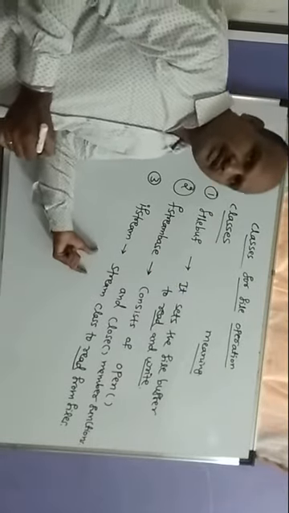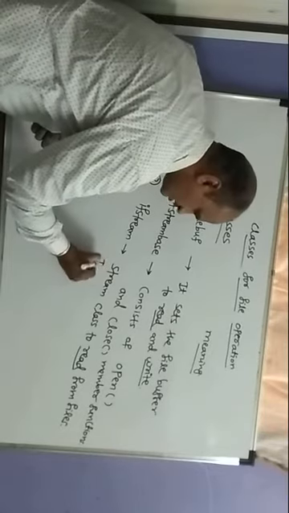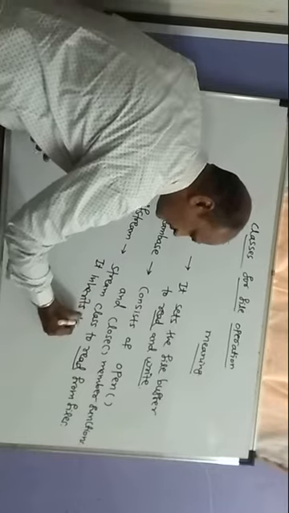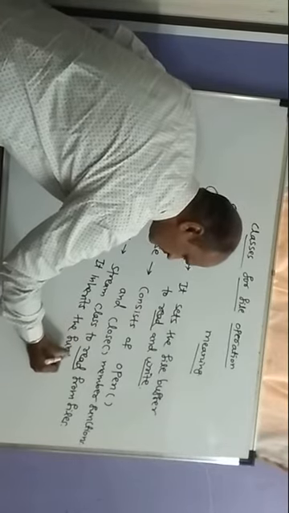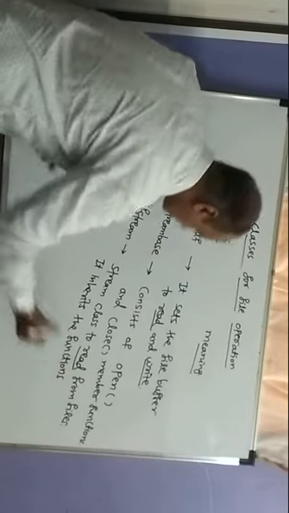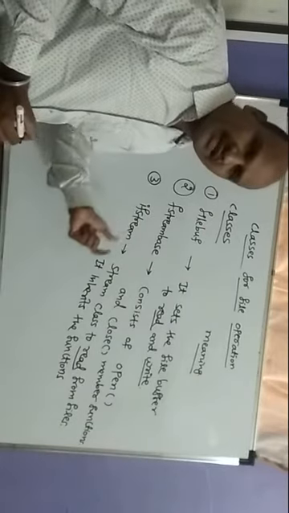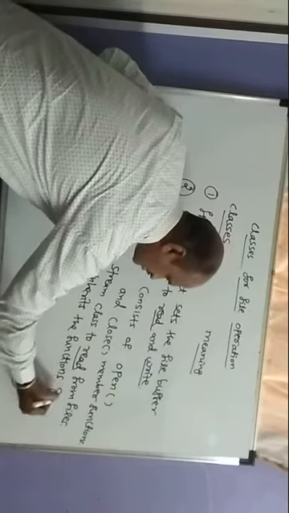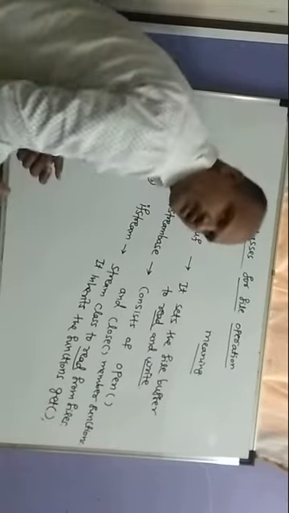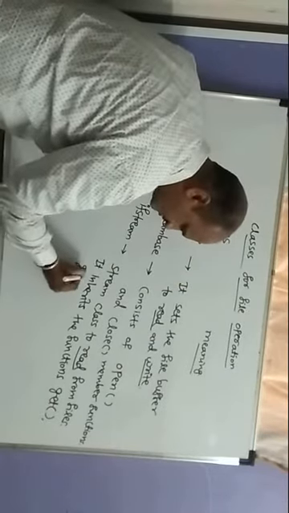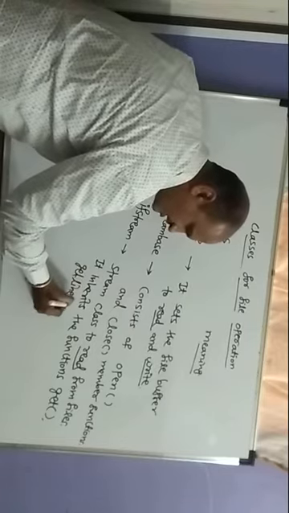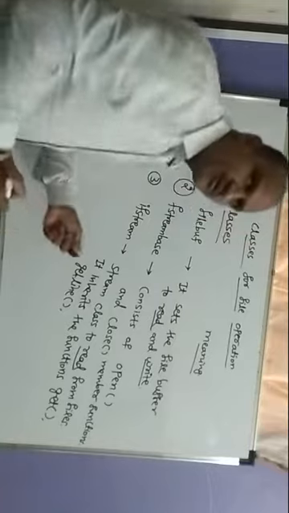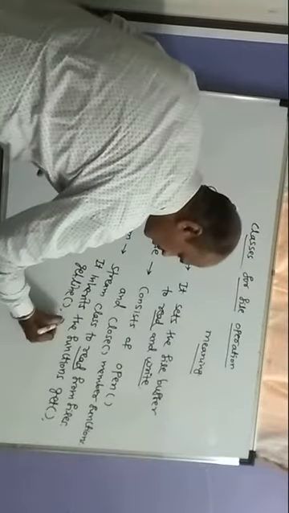It inherits functions. What are the functions for ifstream? Get is one function, getline is another function, and read is another one that we use with the ifstream class.